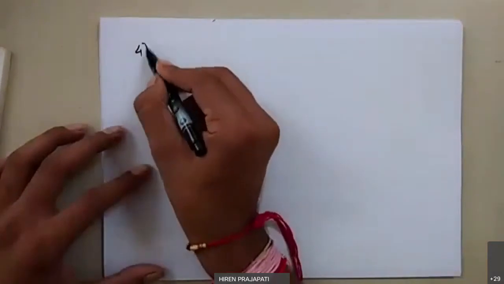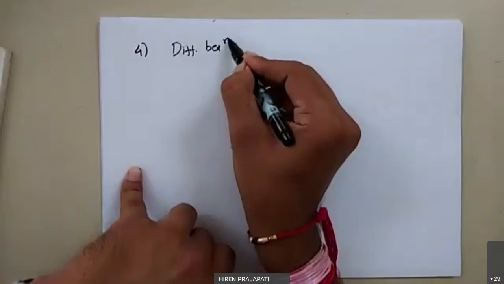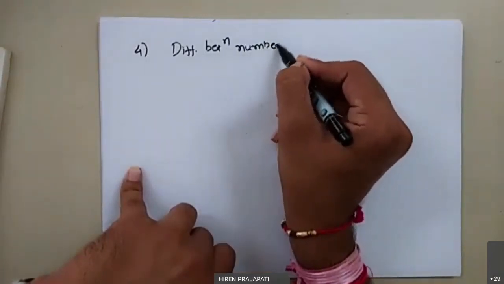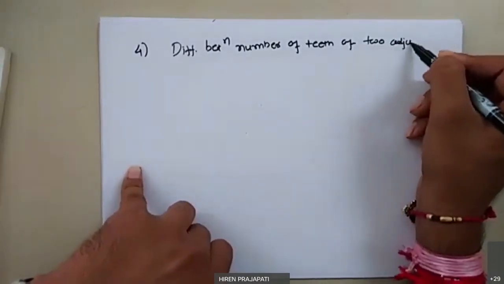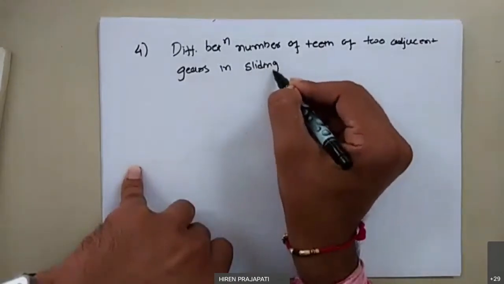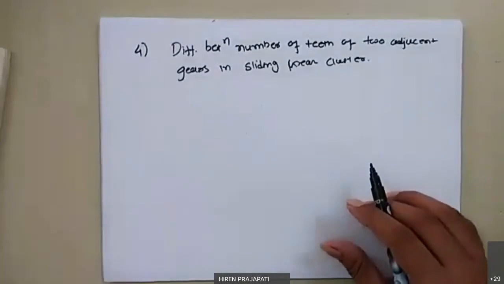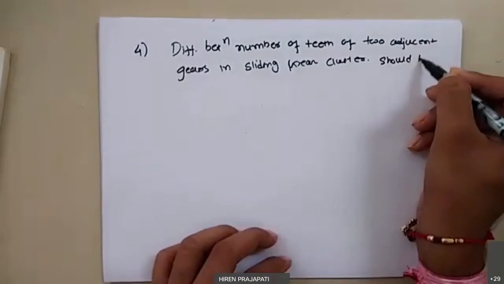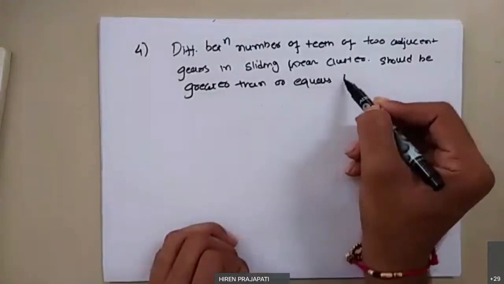Now we move to the next guideline. The next guideline, I say 4, is that the difference between the number of teeth of two adjacent gears in a sliding gear cluster should be greater than or equal to 4.